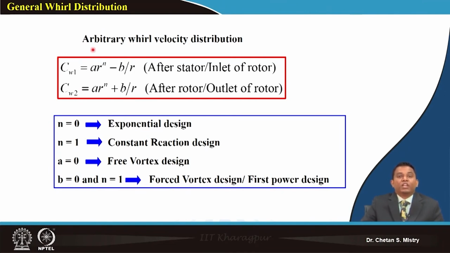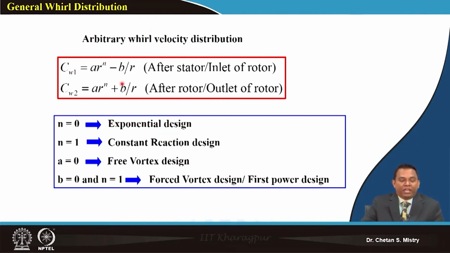It says we can assume an arbitrary whirl velocity distribution. Say we take CW1 equal to A R to the power n minus B by R. We can consider CW2 as A R to the power n plus B by R. It says maybe at the entry you can consider this as a negative sign, at the exit you can take that as a positive sign. Now this exponent we already have discussed.